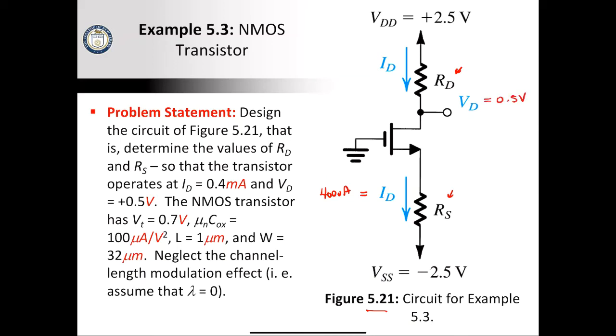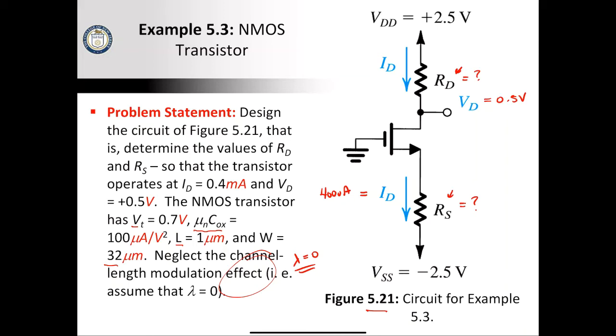And then the rest of the values are just given: the threshold voltage, the process transconductance parameter, the channel length, the channel width. Again, neglect channel length modulation, so lambda equals 0. All right, so what's left? We need to figure out what RD and RS are, such that we satisfy these conditions.